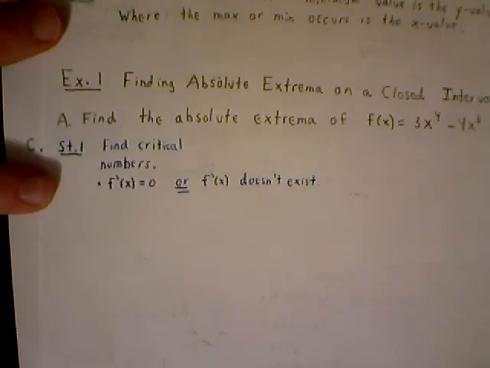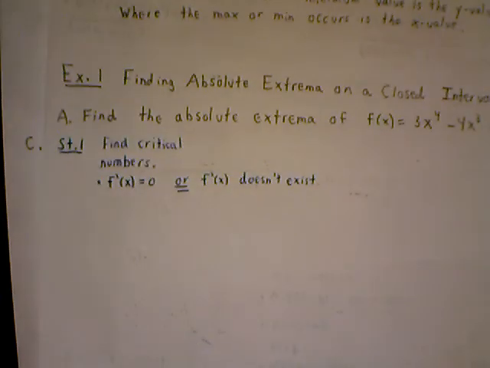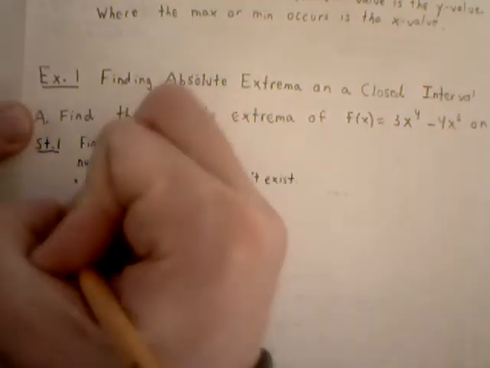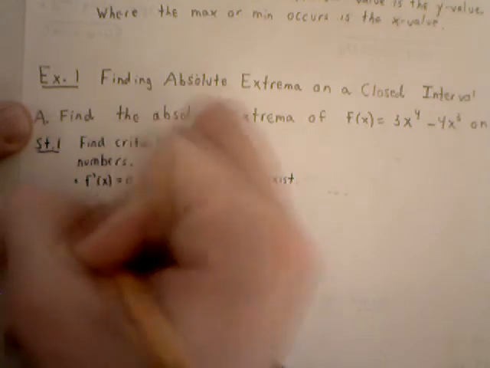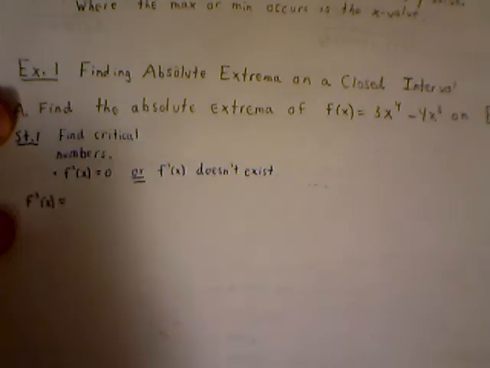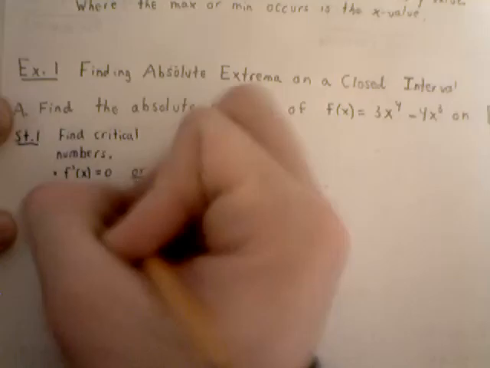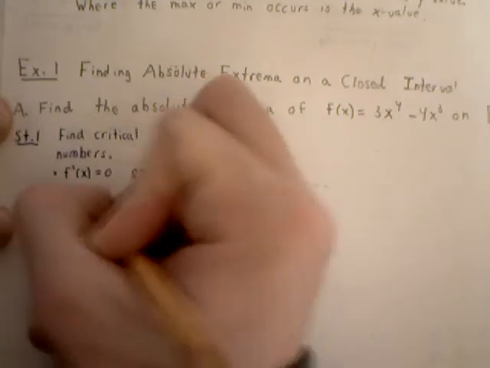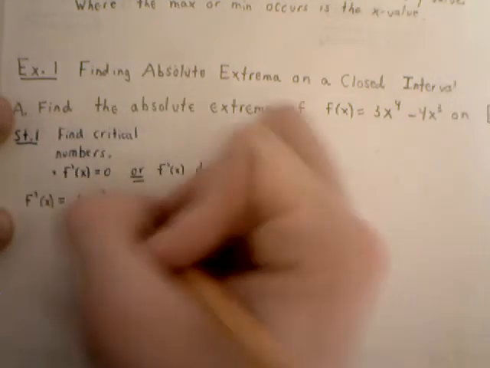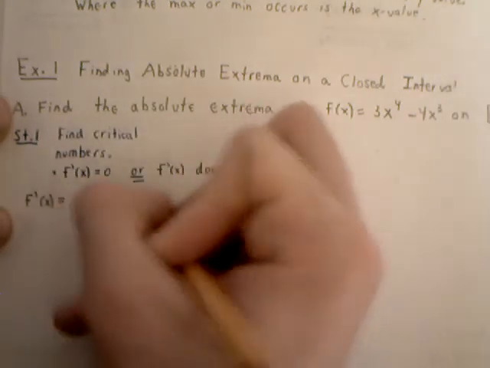So what I'm going to do is take the derivative. I have f of x equals 3x to the fourth minus 4x cubed, so that gives me 12x cubed minus 12x squared.